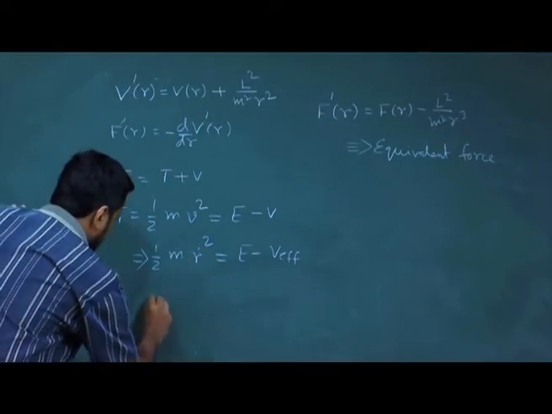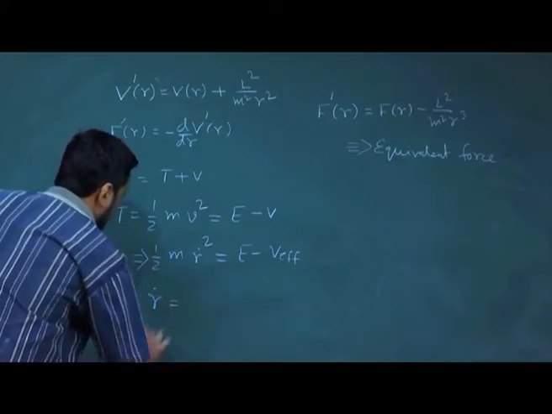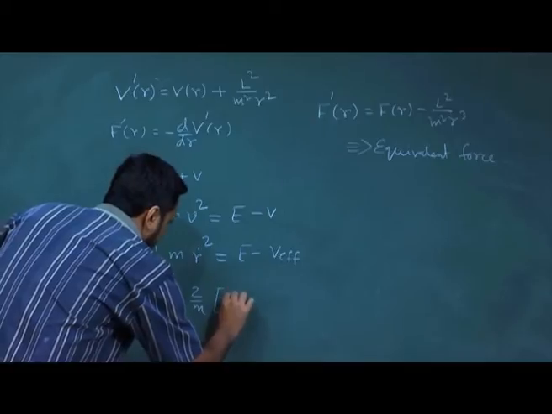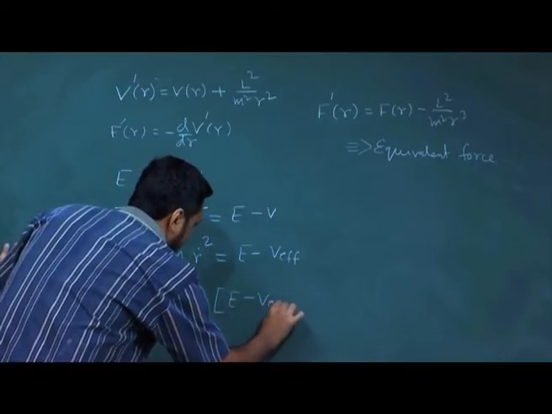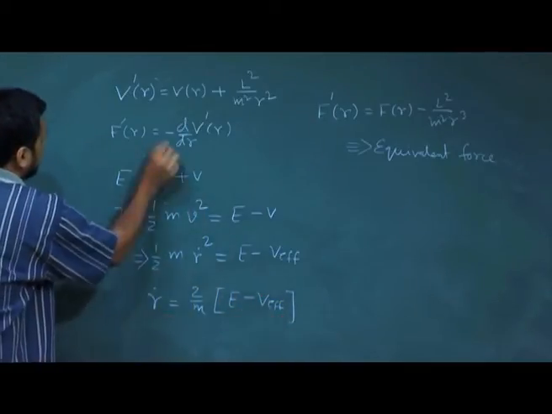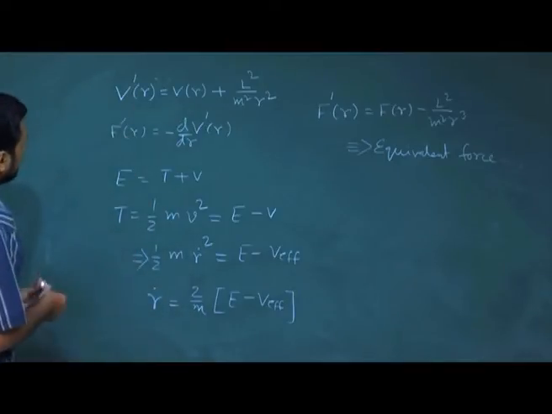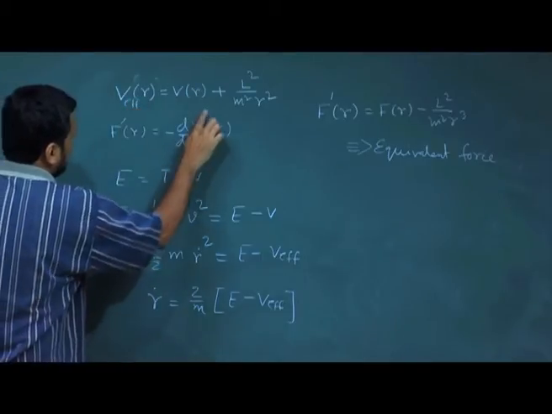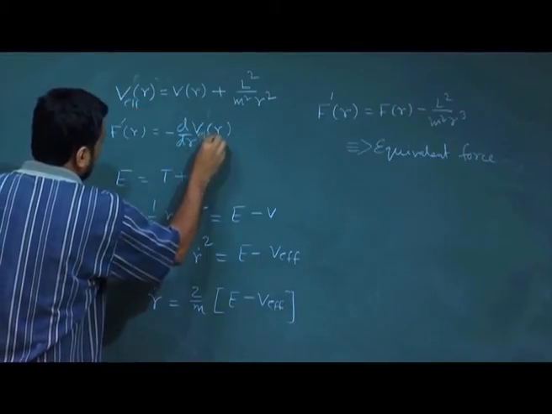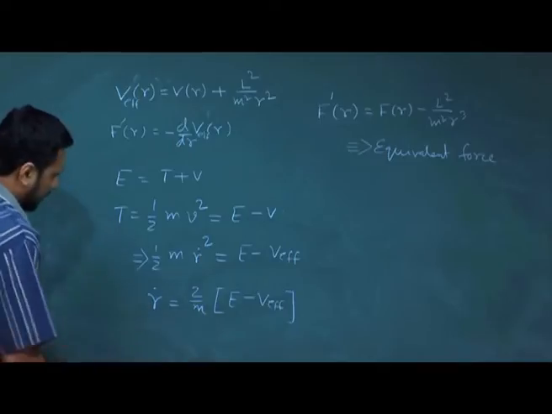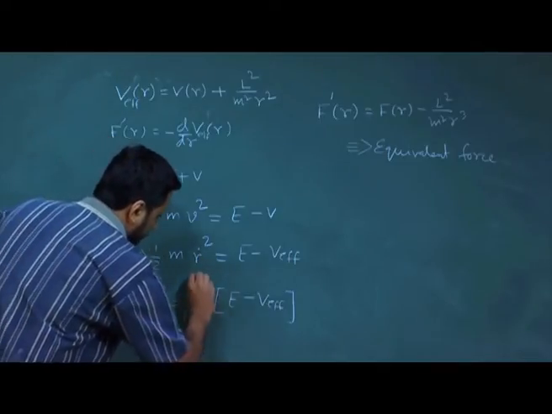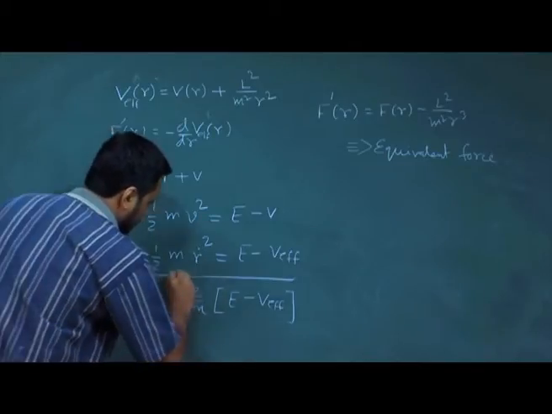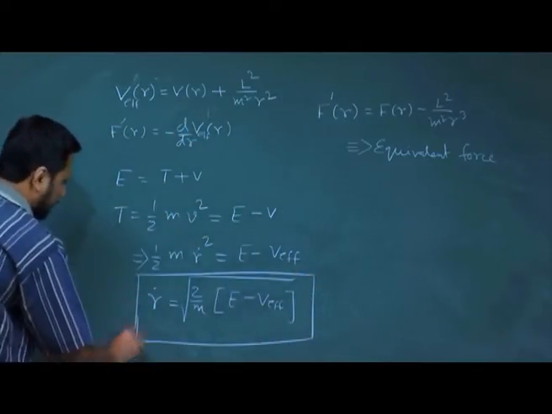So, from this we see r dot is equal to root over of 2 by m into E minus V effective, whole root, V effective being this. We can write it this way, which will be easy to visualize.